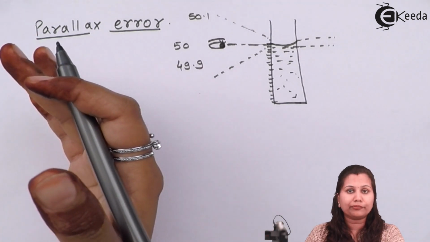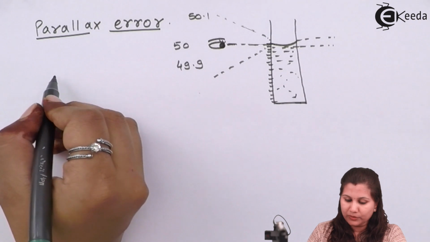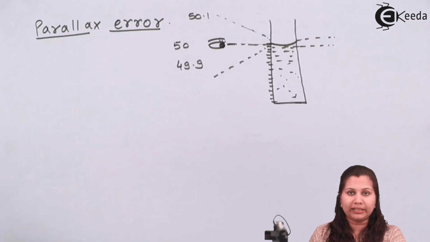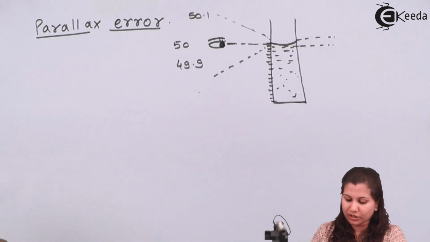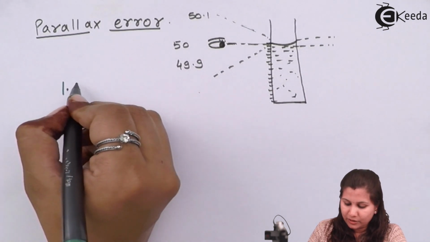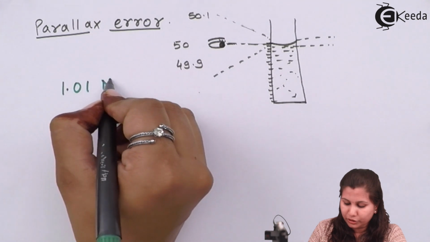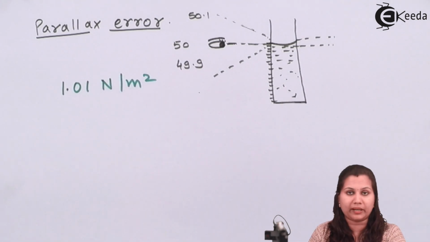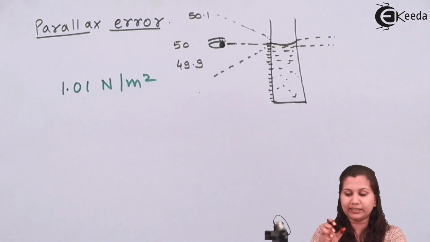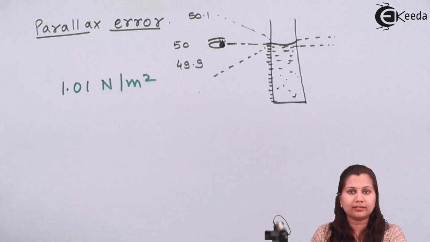Another example of gross error is, suppose the operator is measuring the pressure from the pressure gauge, and the reading is 1.01 Newton per meter square. He has read that it is the pressure in the gauge.